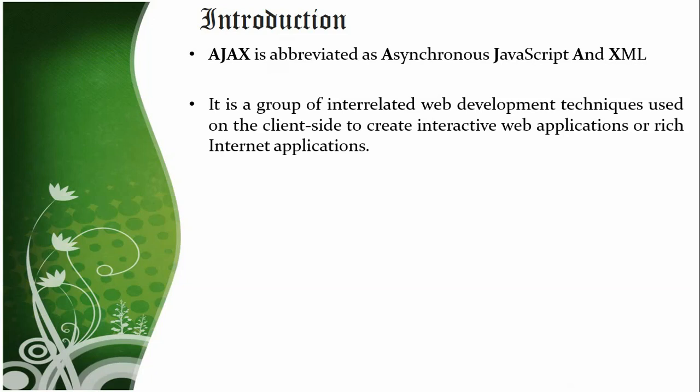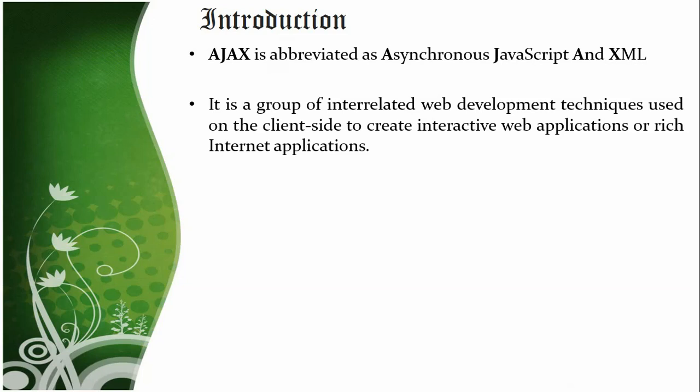What do you mean by a group of interrelated stuff? For example, we say LAMP, WAMP and all those things, but basically it is not one software. It is installed as one application in your system, but it is basically your operating system, then Apache as a web server, then PHP as the scripting language, then MySQL as the database.